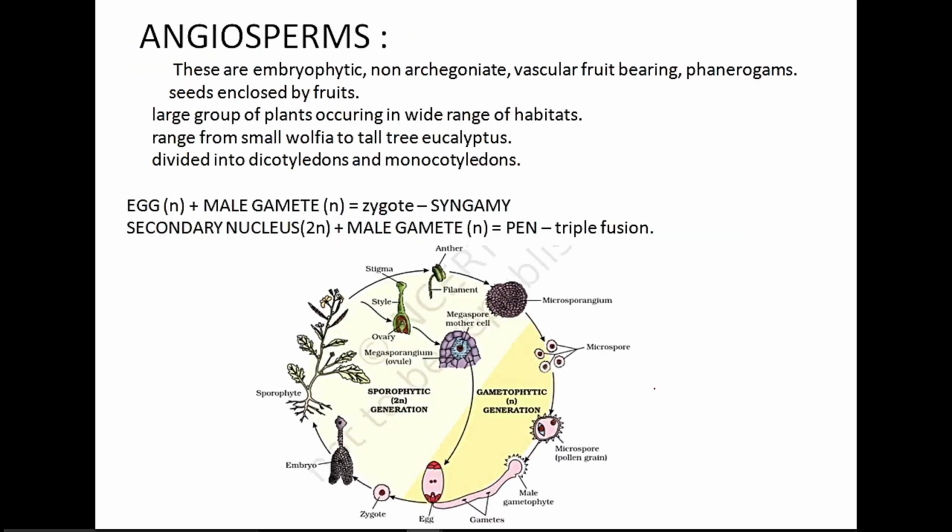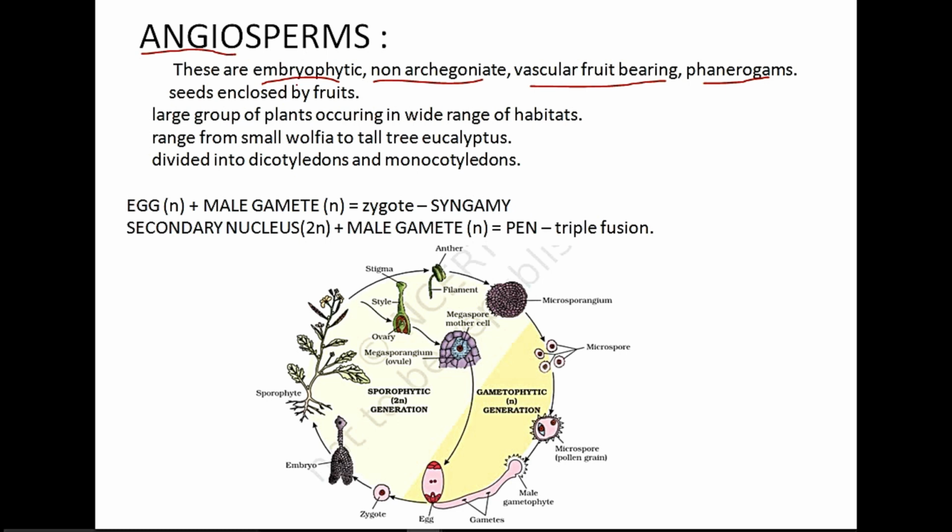And next come the angiosperms. What does angio mean? Angio is nothing but a vessel, and sperm is nothing but the seed here. So these angiosperms are embryophytic, non-archegoniate, vascular fruit bearing phanerogams, and here the seeds are enclosed by the fruits.